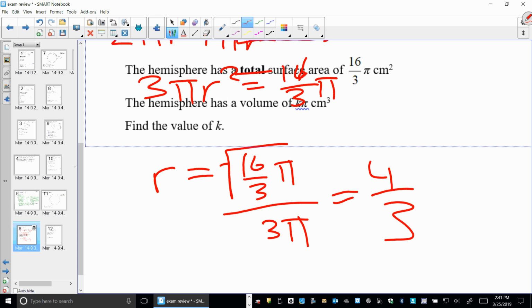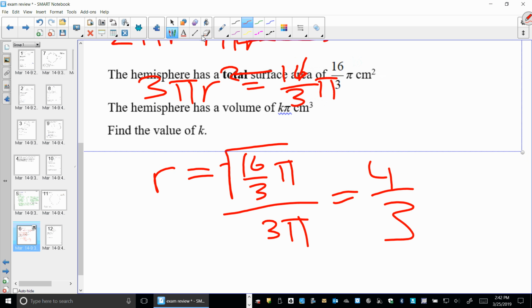Can I give you all a little bit of help here? Because you can look at that, you've got 3 pi r squared equals 16 over 3 pi, and because you've got a pi here and a pi here, you can just cross out both of those pi's. So you've got 3r squared equals 16 over 3.